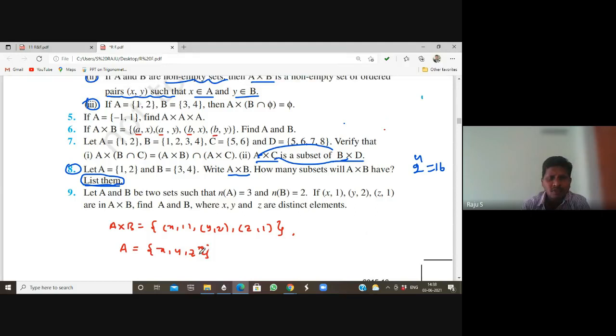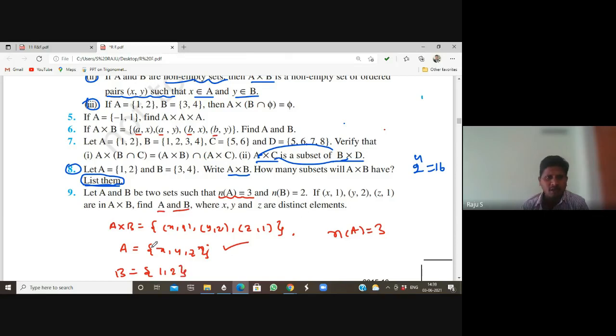How many components did we get here? 3. In the question itself, they gave n of A is equal to 3. Absolutely right. So A is x, y, z. Then the second components are given by the set B. What are the second components here? 1, 2. That's it.